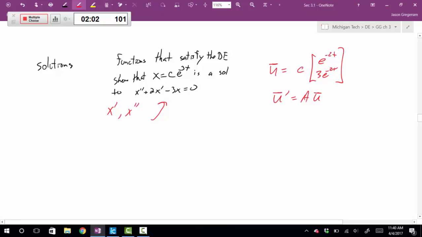Same thing. You take the derivative and plug it in. You calculate u prime to be some constant, negative 2e to the negative 2t, negative 6e to the negative 2t. You plug that in for u prime, you plug in u for u, multiply A times u, and you see if you get a true statement. So the process is exactly the same, just different.